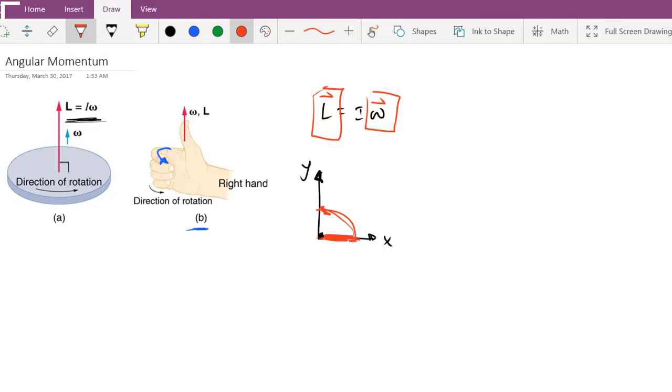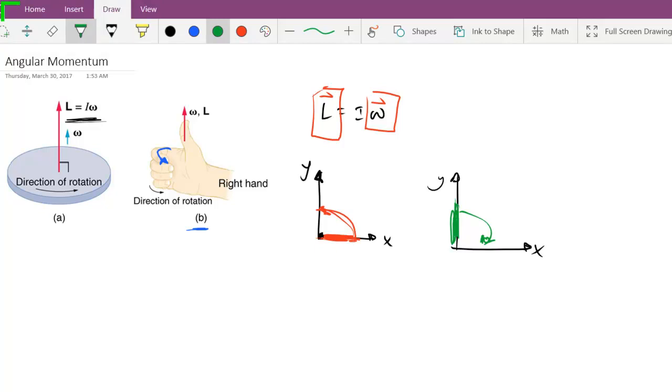If you do the same exercise, and you have to use your right hand for this, and you place your fingers along the positive y-axis and curl them towards the x-axis like this, so that way you make a clockwise angle, you'd see that your thumb has to point into the screen in order for your fingers to curl this way.